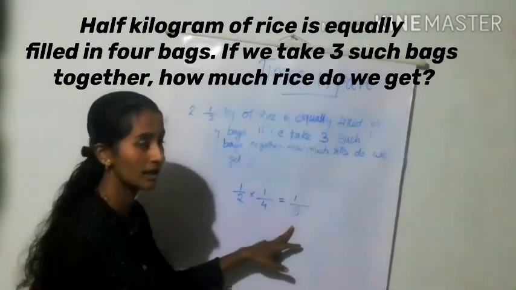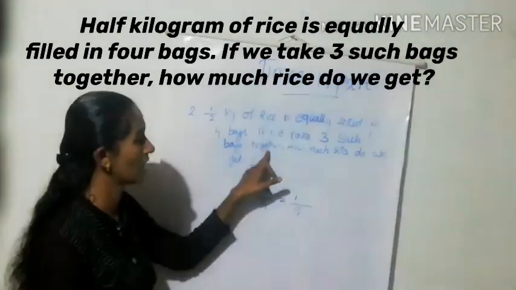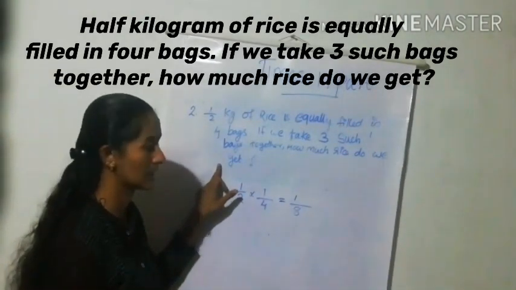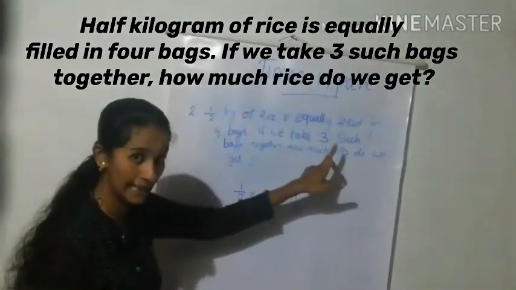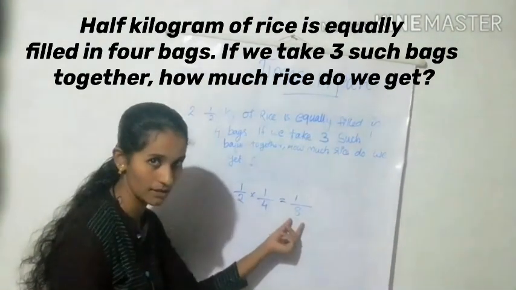Here, if we take 3 such bags together, how much rice do we get? 1 bag contains 1 by 8 part.